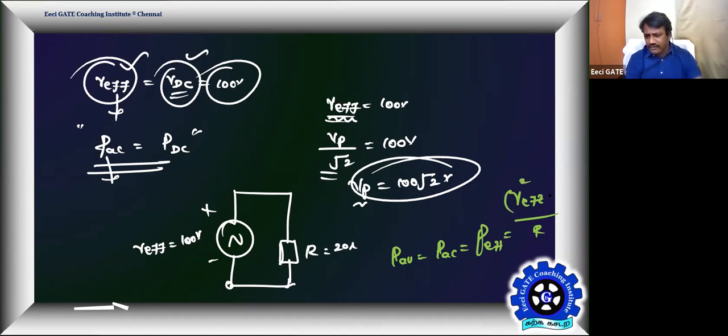So you get V effective square divided by R. Then the average power is 100 square divided by 20, that is 10,000 by 20. You end up with 500 watts of power, similar to the DC calculations.